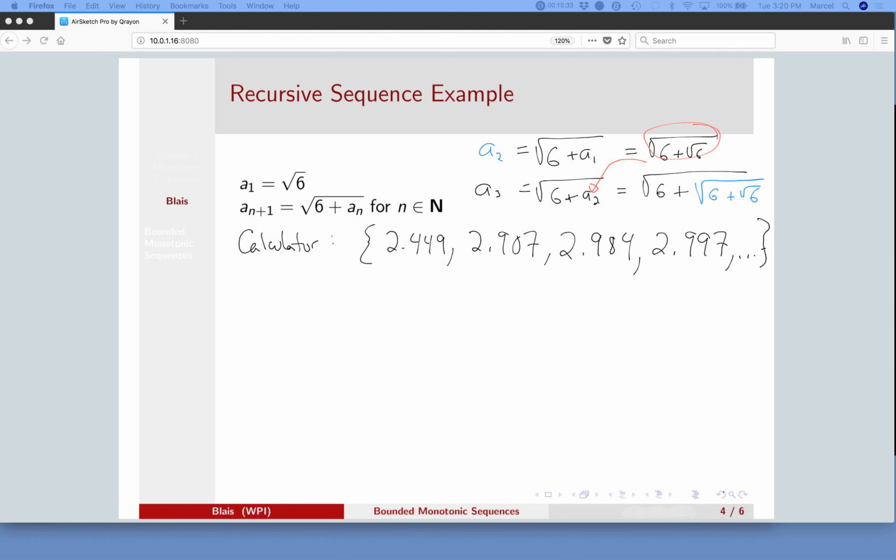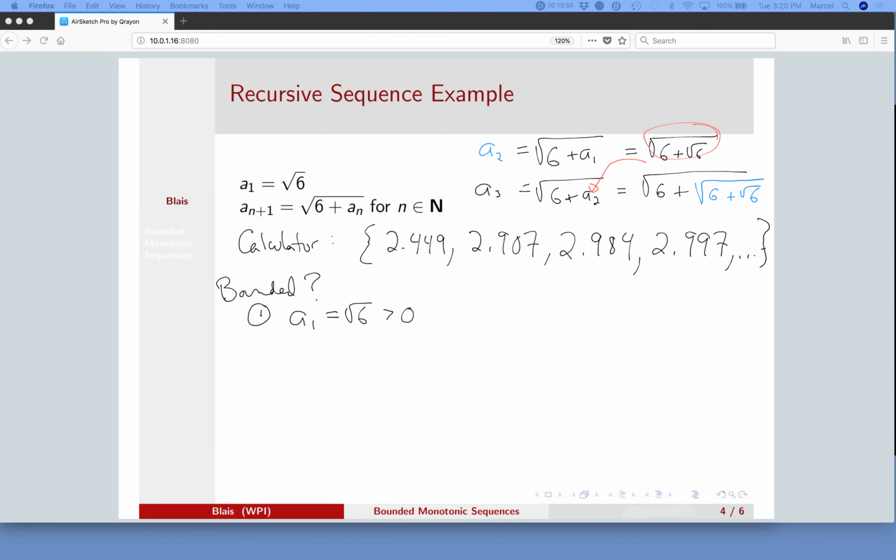So our first question is, is this bounded? Well, first, we can see that a1, which is root 6, is greater than 0.